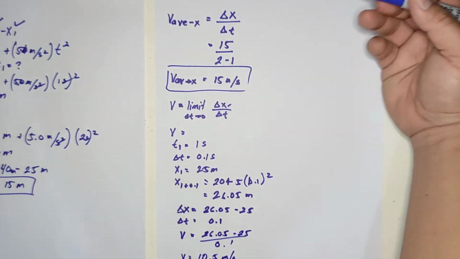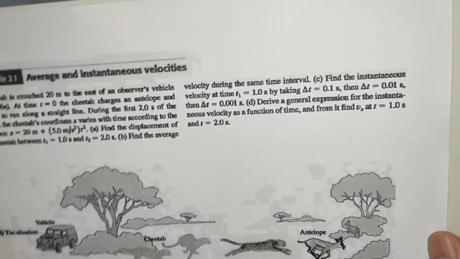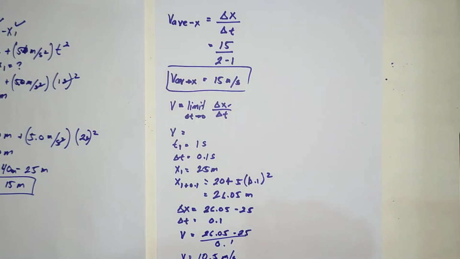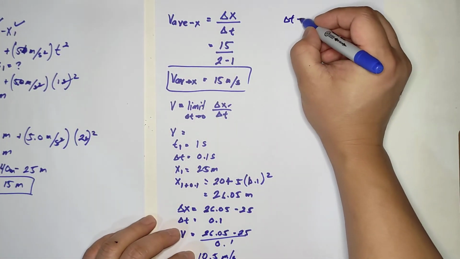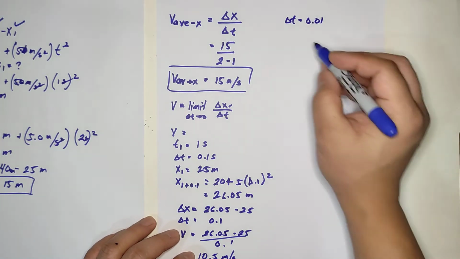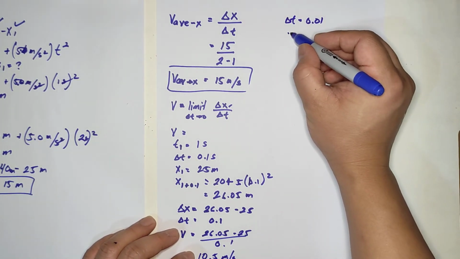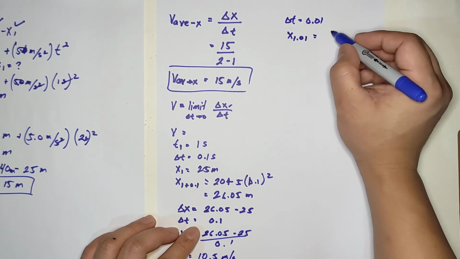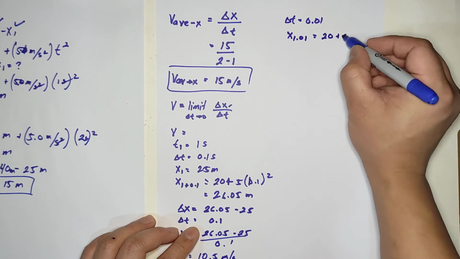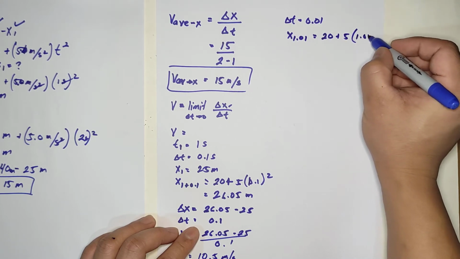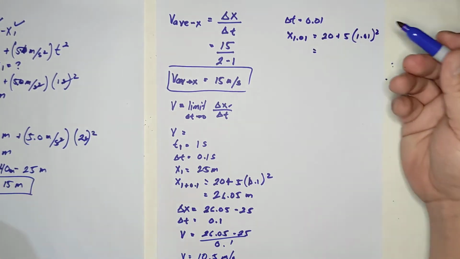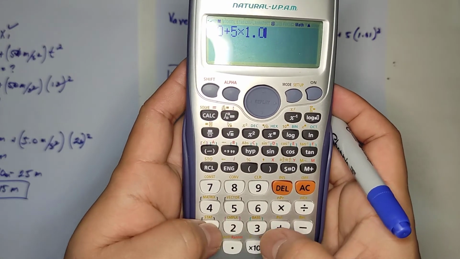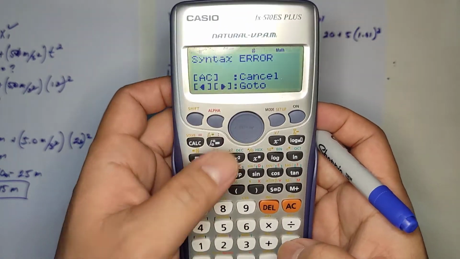Okay, now let's do the other one. The other one is 0.01. Okay, so your delta t is 0.01. So you could have now x1.01, that is 20 plus 5 times 1.01 squared.